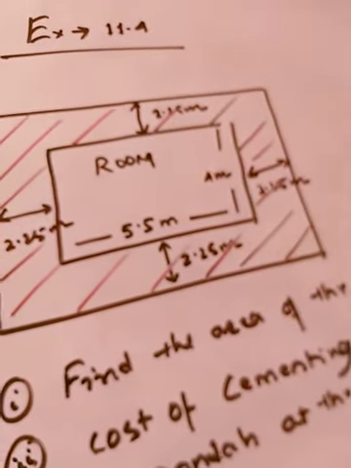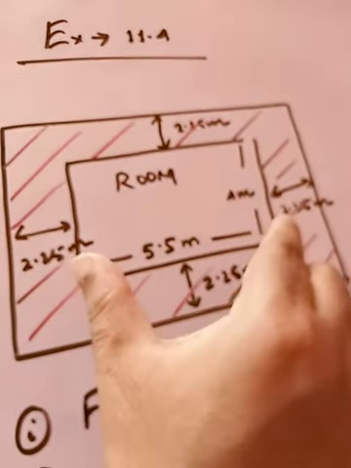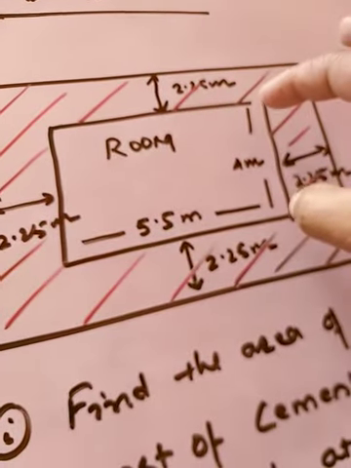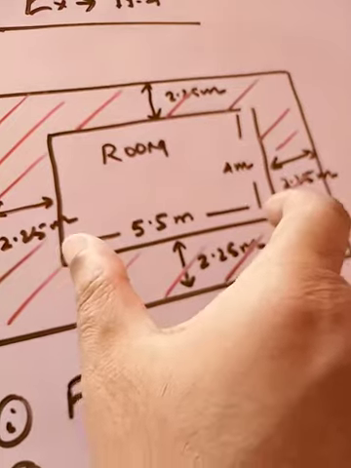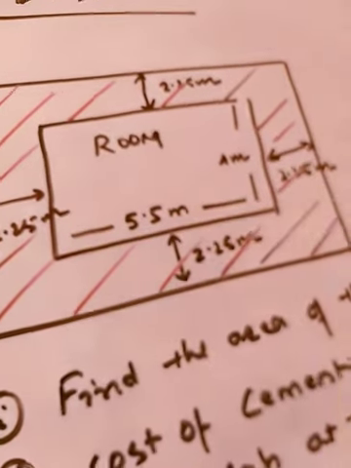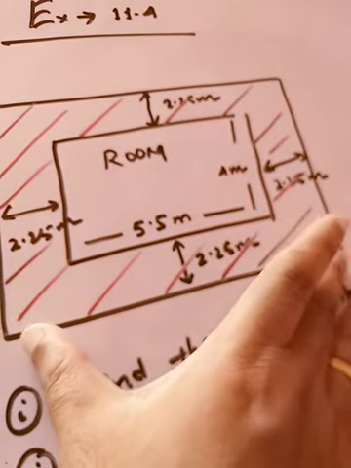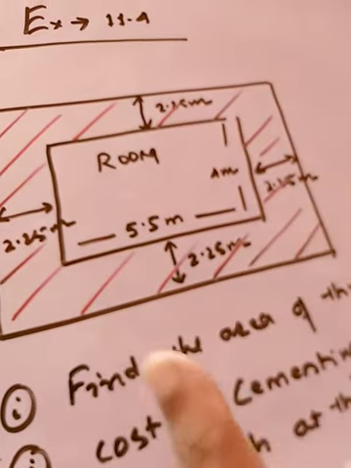Now again, the length of the room is 5.5 and the width of the room is 4 meter. That is the inner rectangle's length and breadth. You have to get the length of the outer rectangle. I hope you know how to do it.